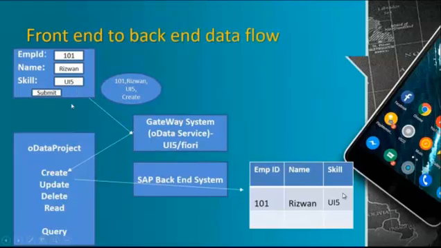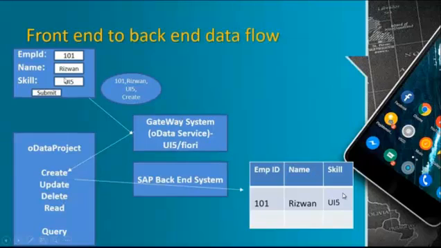So the direct communication from JavaScript to this backend ABAP layer is not possible. When direct communication is not possible, obviously you need to give some indirect way of communication, correct? So SAP UI5 will not talk directly to the backend logic.